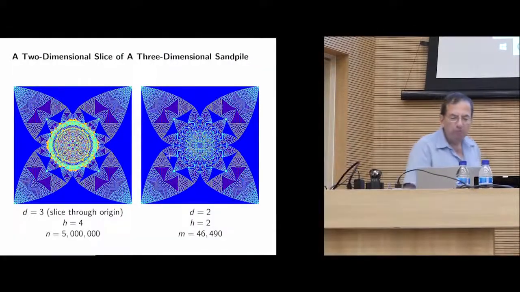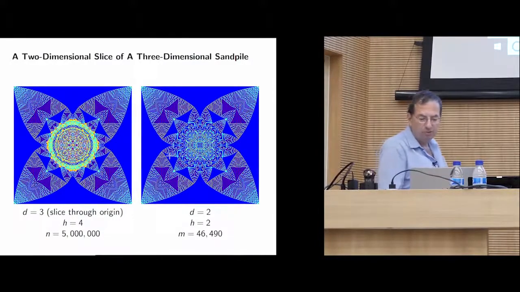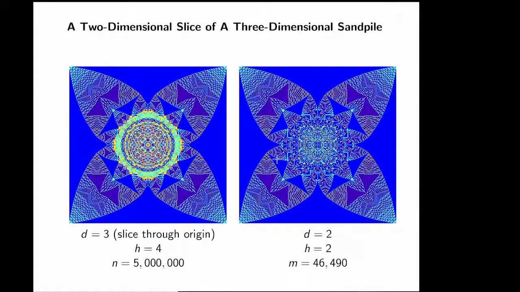Here is one more mystery discovered by Dar. It's discovered but not yet understood, relating a 2- and a 3-dimensional sandpile. So this is a critical 3-dimensional sandpile. The dimension is 3, the background height is 4.